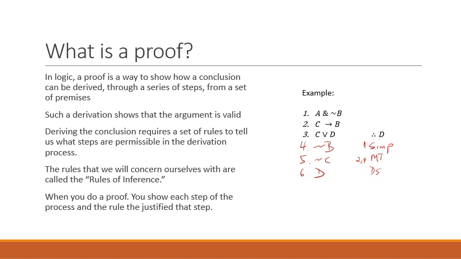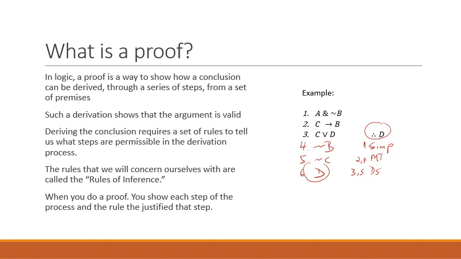So using the disjunctive syllogism rule, along with lines 3 and 5, I have derived the conclusion of this argument, and thus my proof is complete. So that's what we're doing.